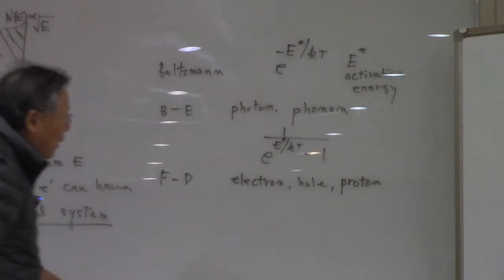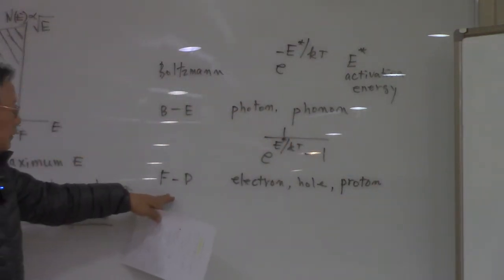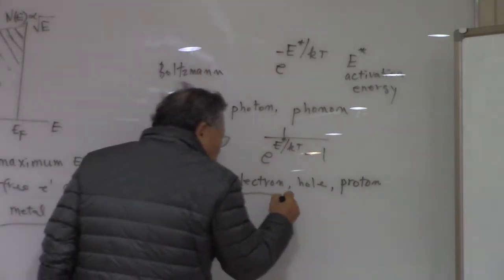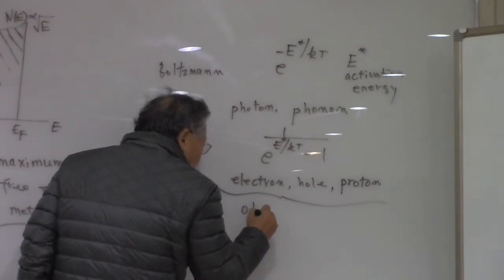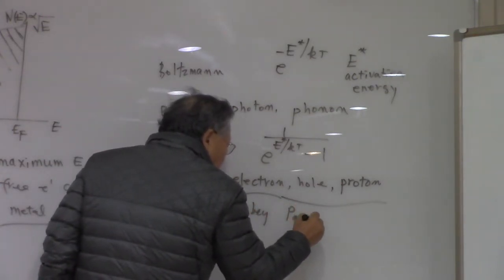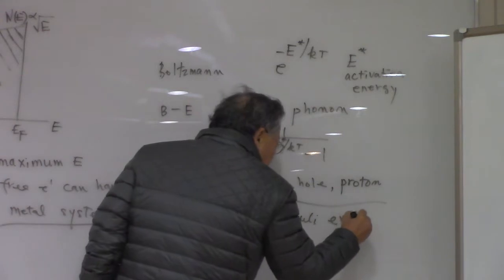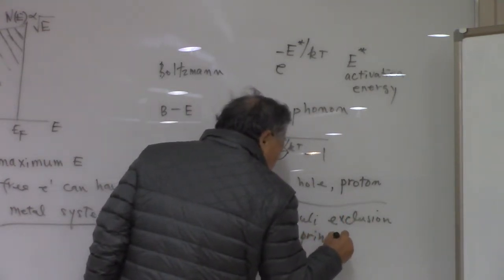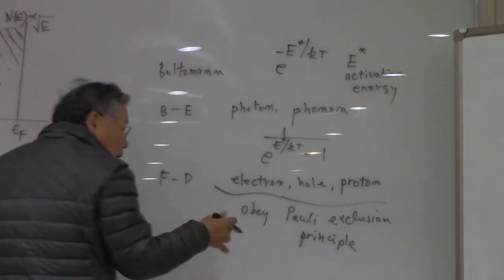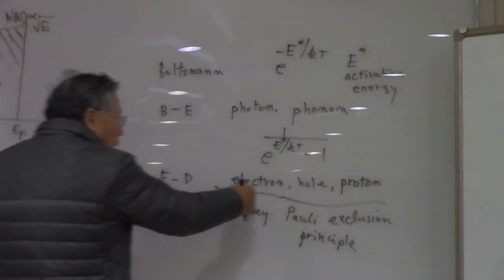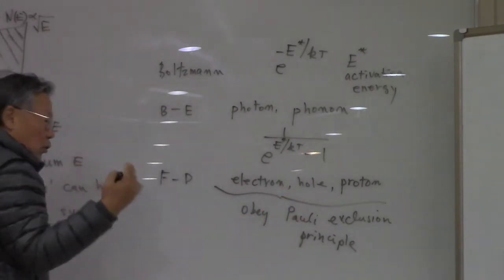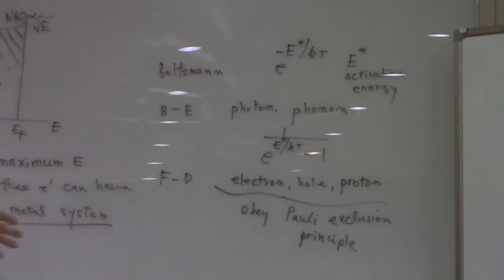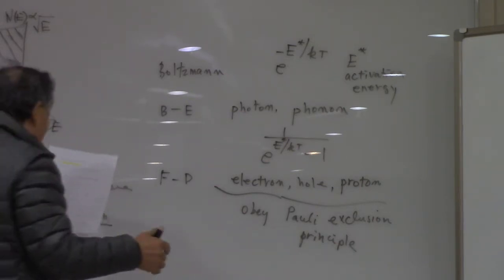And the main characteristic of this Fermi-Dirac statistic is that the particles which obey the Pauli exclusion principle, then the corresponding particle has to use a Fermi-Dirac statistics to find the occupancy of the available energies.